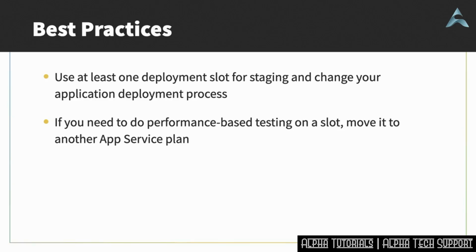So create another App Service plan, deploy there, create your testing plan there, do the performance testing, get the results, and then maybe delete it. You don't need it there anymore. It's just a few minutes or hours to do all the testing. This way you're spending more money, sure, but you're not affecting production, and the money you spend is not going to be that much compared to the effect of impacting production during those tests.